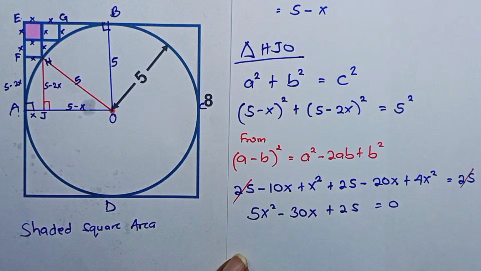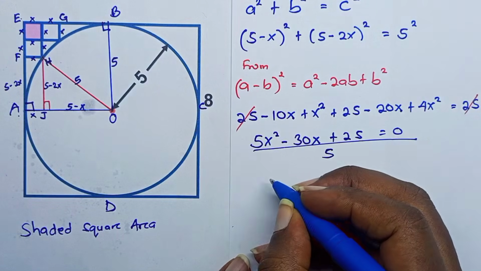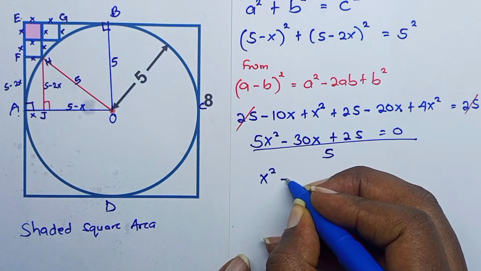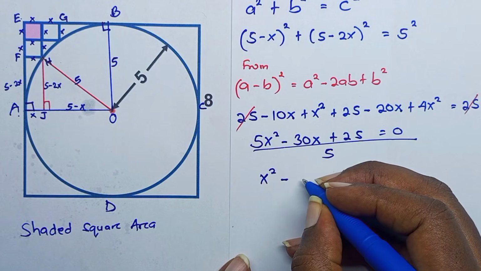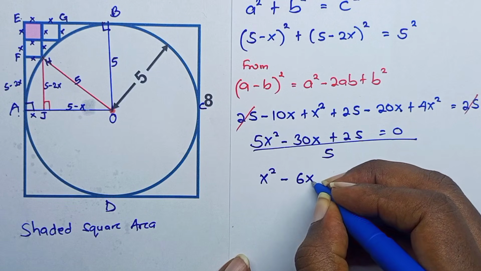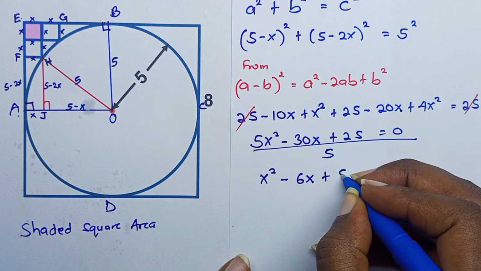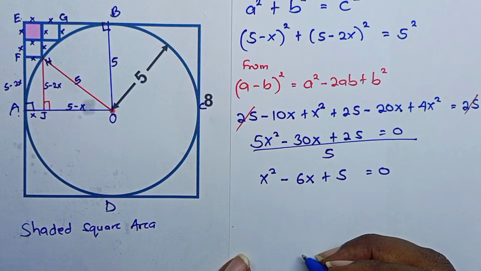This is equal to 0. As you can see, these are all divisible by 5, so we divide the whole equation by 5. So we shall have x squared minus 6x plus 5 is equal to 0.